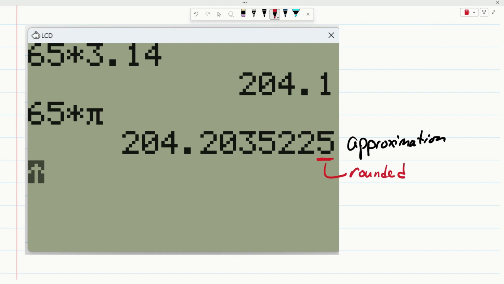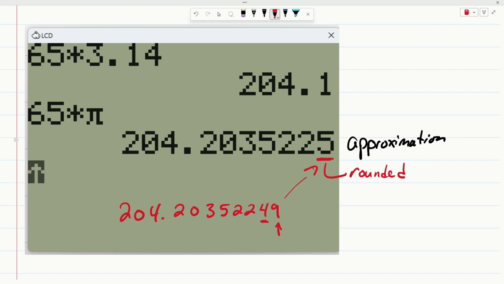So in other words, what I'm really trying to say here is this. This could have been 204.20352249, and what the calculator did is said, well, I don't have enough space on my screen, so I'm going to take this place value, look to the right, and round it. And it rounded it up to that 5.